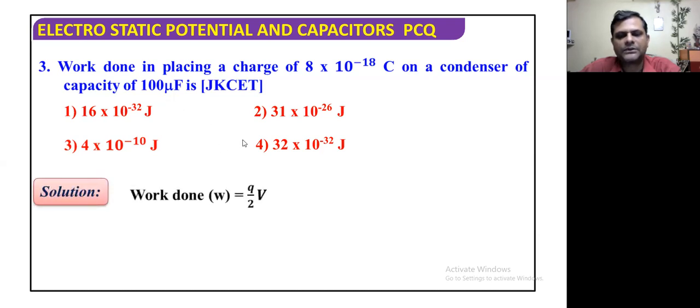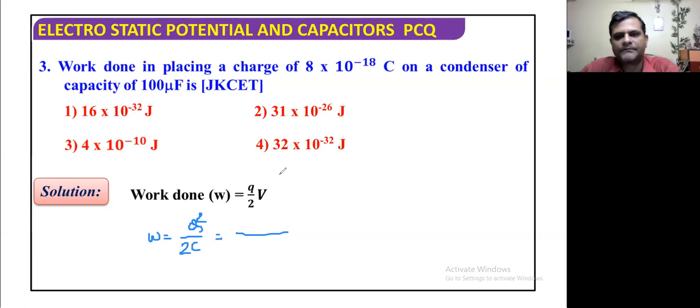So work done will be equal to, either we can use this formula half of Q into V, but V is actually not given. So here we can just use this another formula for work done, which is going to be Q²/2C. याद है? तो अगर हम ये यूज करेंगे यहाँ पे, तो Q दिया हुआ है यहाँ पे चार्ज which is 8 into 10⁻⁸ coulomb.